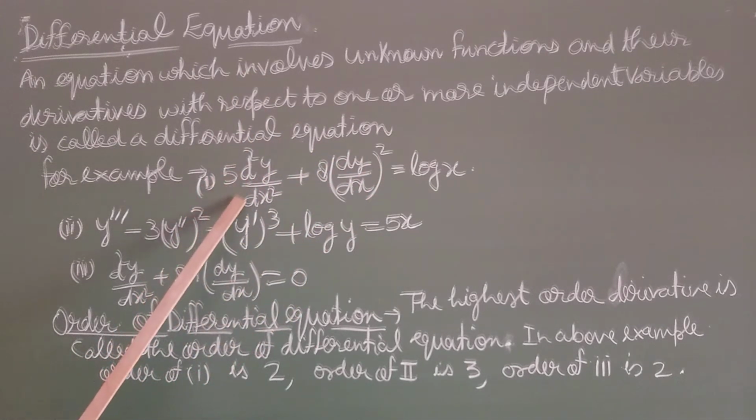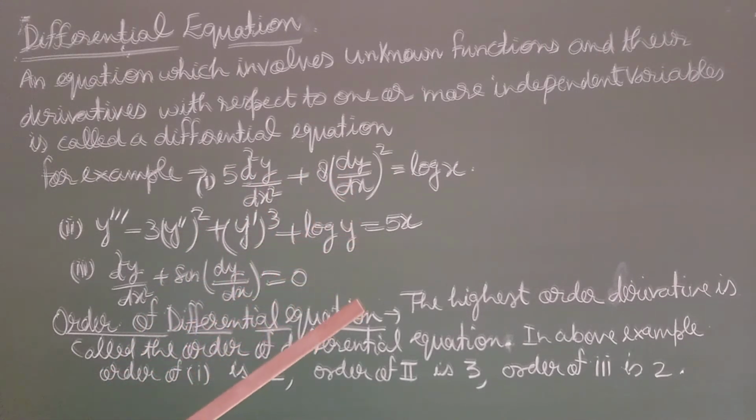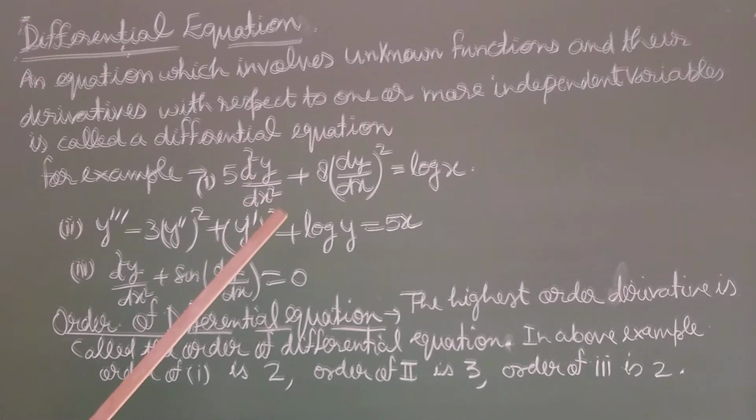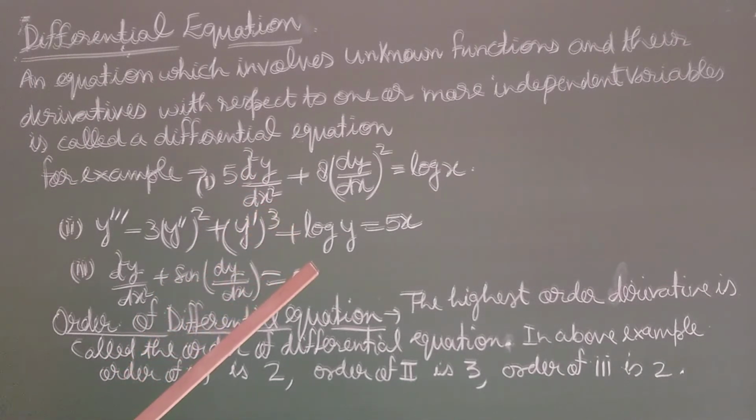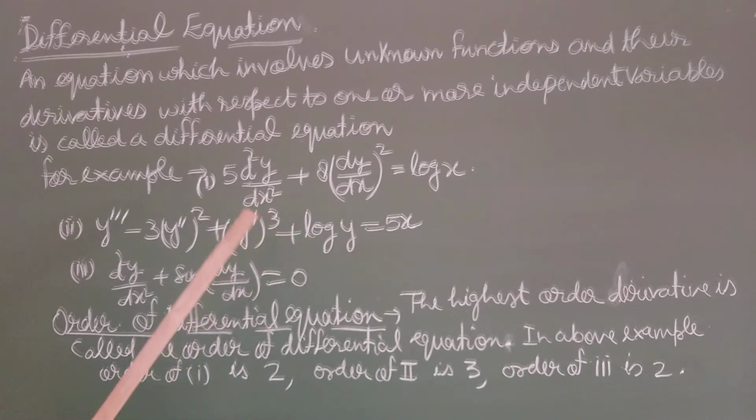It contains derivative dy by dx, which is first order derivative, and d square y upon dx square, second order derivative. It contains derivatives, that's why it is called a differential equation. So in general, if an equation contains derivatives, then it is called a differential equation.